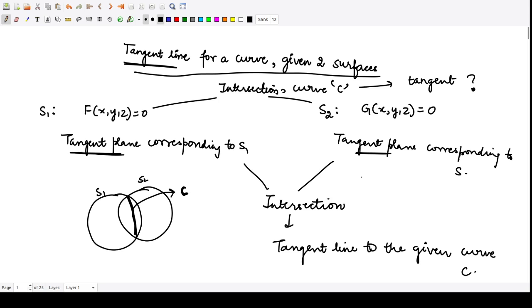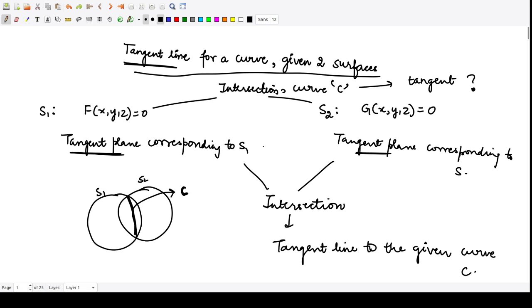Because if you have two planes, what is their intersection? It would simply be a line, right? The intersection of two planes would simply be a line.